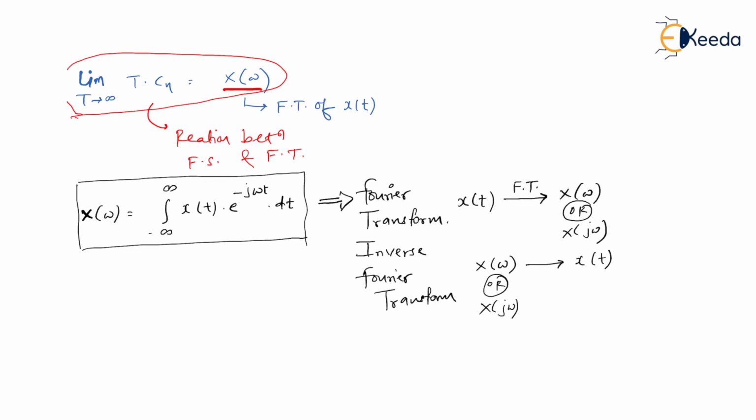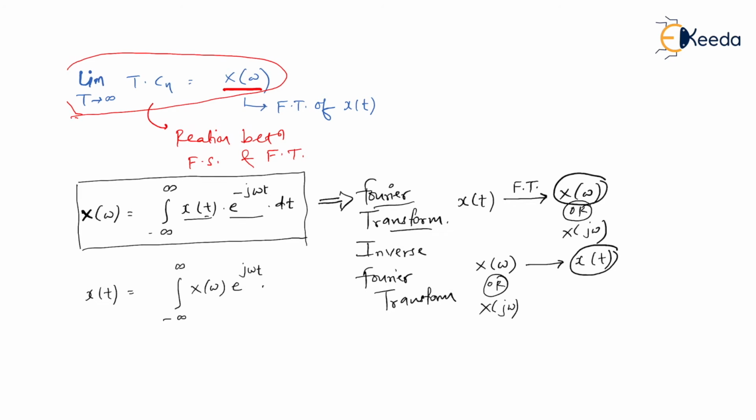The formula listed over here is the Fourier transform formula. Let us go for the inverse Fourier transform formula. Of course, the output of Fourier transform is X of omega and the output of inverse Fourier transform will be x of t. So now we will have x of t equal to integrating again from minus infinity to infinity. What we had over here is x of t, now we will have X of omega. What we have over here is e to the power minus j omega t, just write positive e to the power positive j omega t.